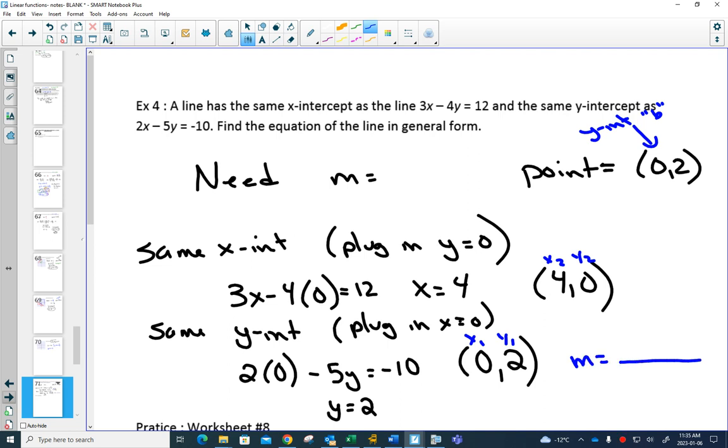If I plug it into my slope formula, y2 minus y1 over x2 minus x1, I would get negative 2 over 4, which simplifies to negative 1 over 2.